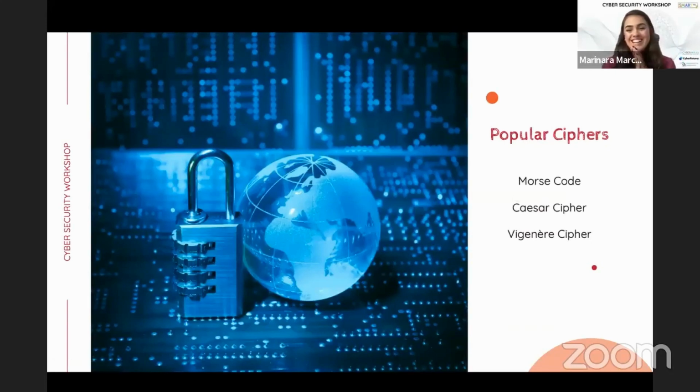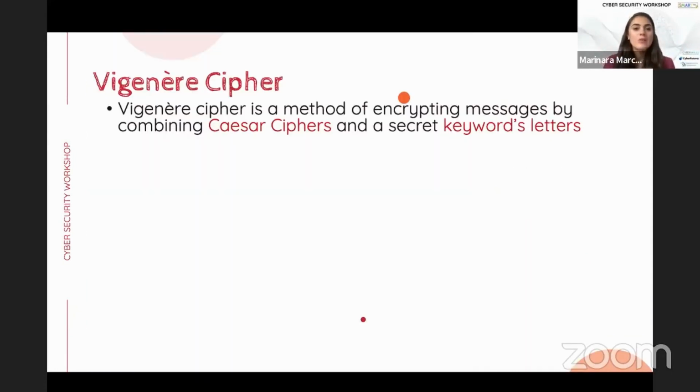Congratulations, guys. Now we are going to be talking about another cipher, which is similar to the Caesar cipher, but a lot more secure. And you're going to find this a very clever move, I'm sure. The Vigenère cipher is a method for encrypting messages by combining different Caesar ciphers using a secret keyword.